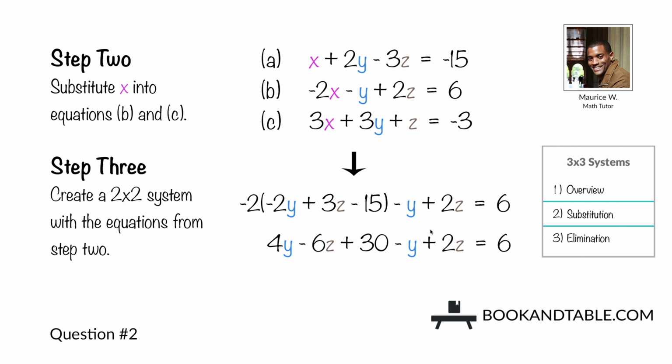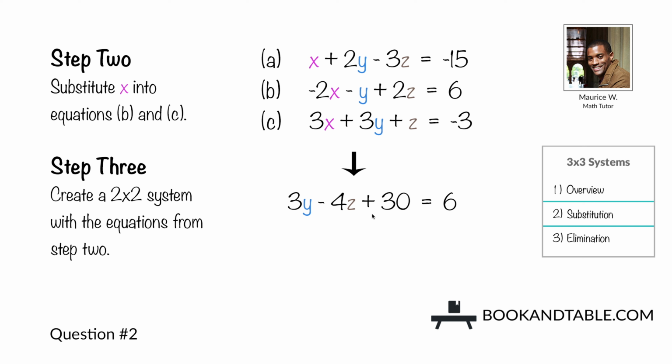Minus y plus 2z is equal to 6. And now we want to combine our like terms, giving us 4y minus y, which is 3y. Negative 6z plus 2z is negative 4z, plus 30 is equal to 6.